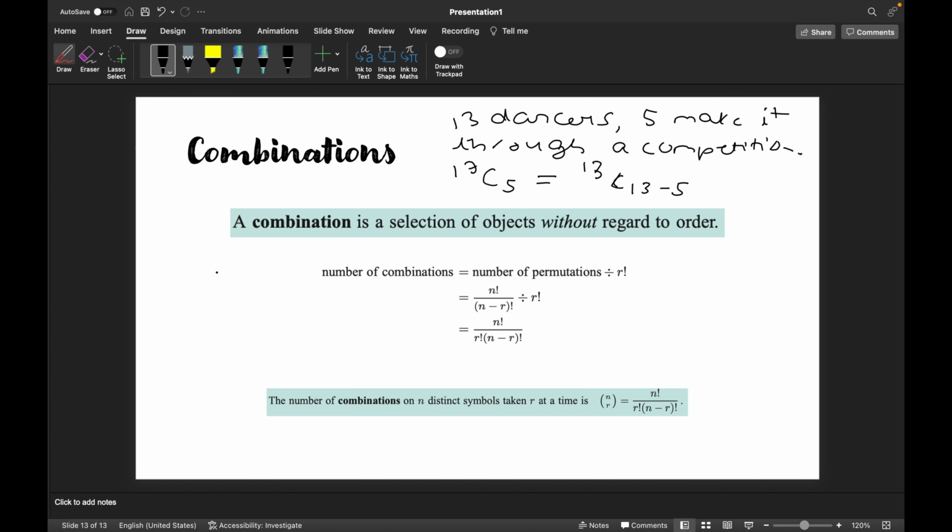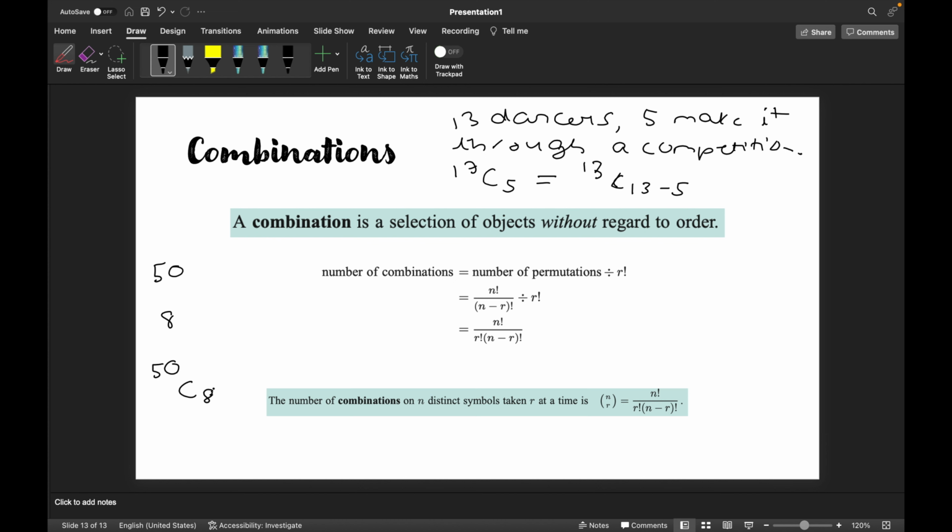Also, we can take the example of a sport. Let's say about 50 people try out for the basketball team, and only 8 of them will make it. So the number of ways in which that can be done is 50C8.